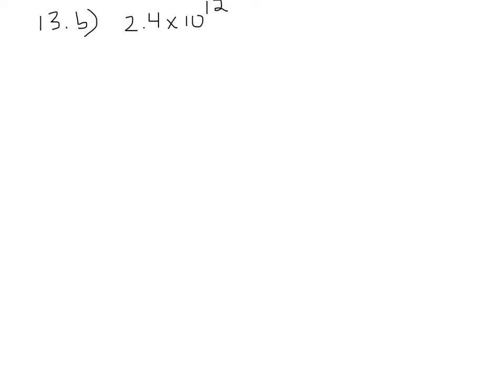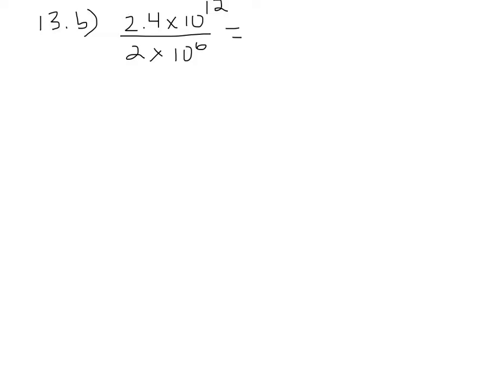In part B, it says you're going to give 1 pint of blood, and that accounts for 2.4 times 10 to the 12th red blood cells. How many seconds will it take you to replace that? So what you're going to do is just divide that by how many blood cells you create per second.